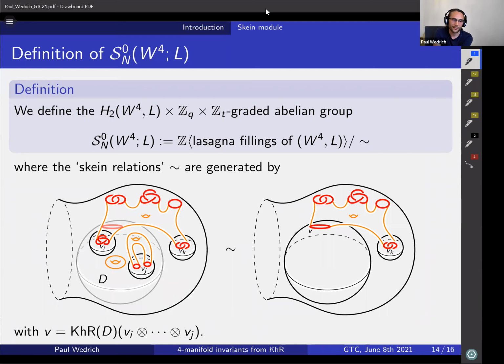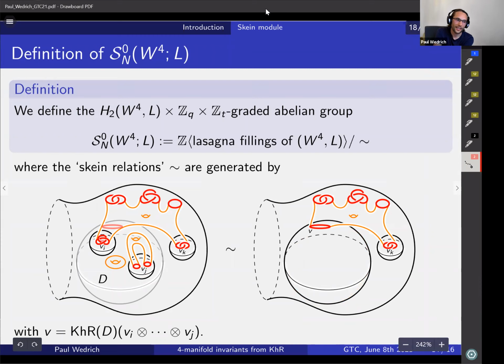Given a lasagna filling, I can choose to drill out a larger four-ball. Drilling out such a larger four-ball, on the one hand, gives me something like a lasagna filling with the larger input four-ball. And on the other hand, on the inside here, I see a lasagna diagram plus some vectors vi.